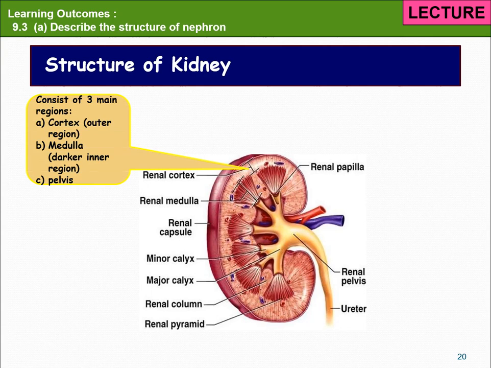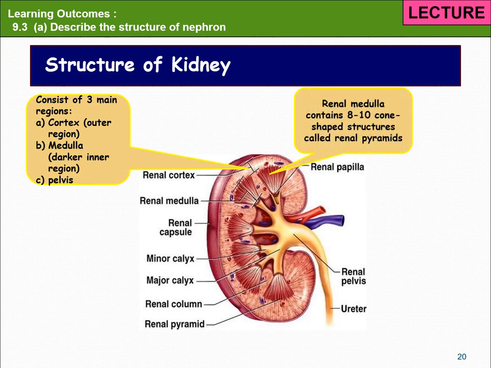There are three main regions: cortex, medulla and pelvis. In the medulla, there are renal pyramids, and the tip of each pyramid is the renal papilla. This one is to collect the urine.